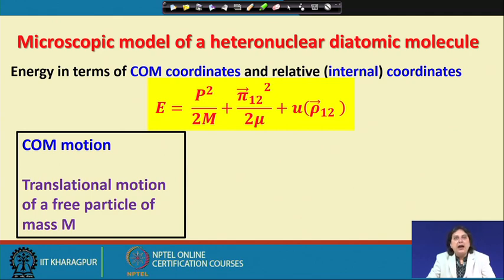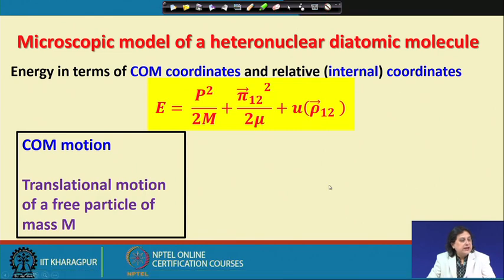And therefore, I can say that for every molecule in this gas, the translational motion of the molecule can be modeled as the translational motion of a free particle of mass m in the volume V. Clear? Now, the other things that we can say from here are as follows.